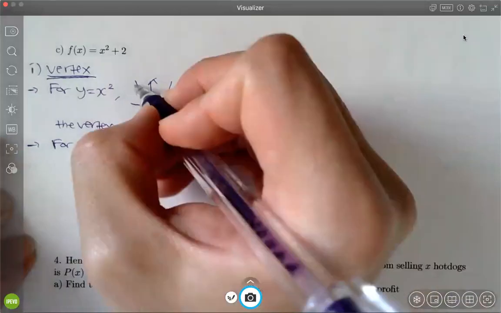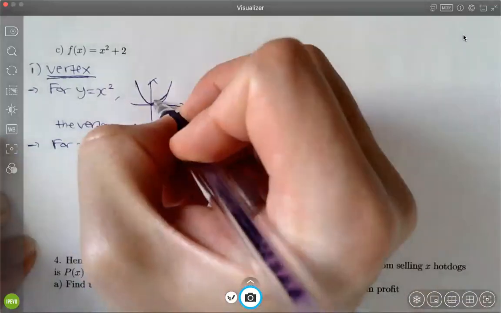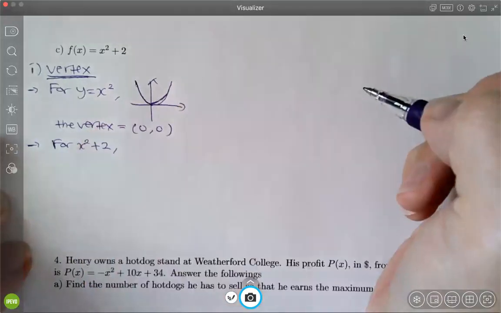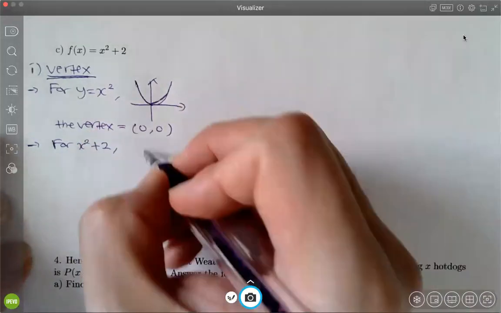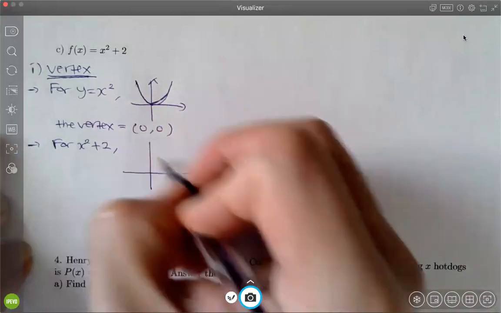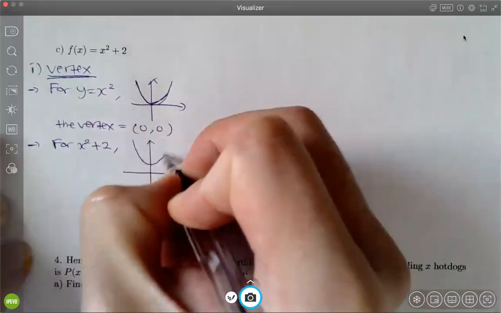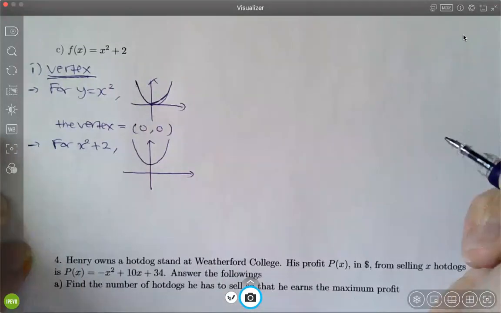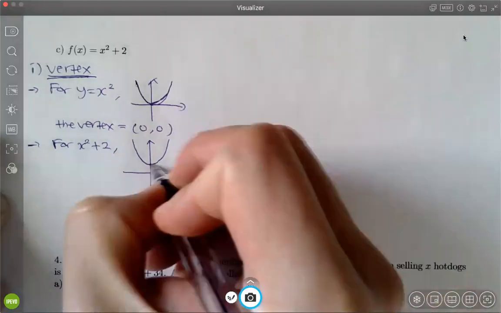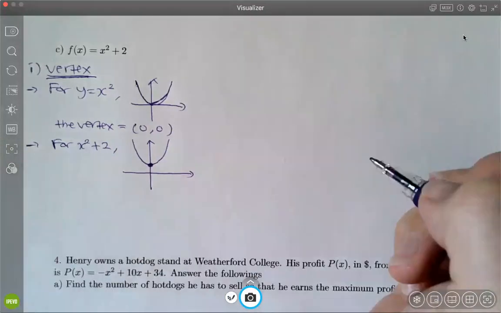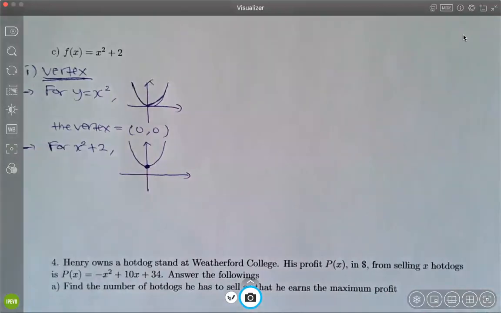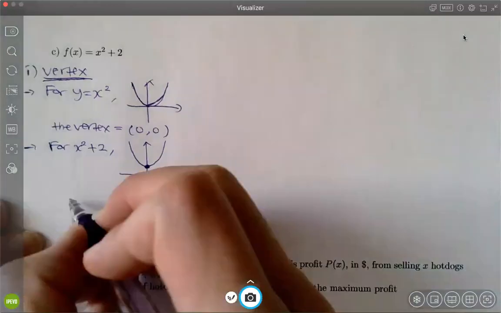So this graph from x squared has to be moved to something like this, right? You see that? Okay, so where's the vertex? That's the vertex, right? So can you deduce the coordinates of the vertex? 0, 2, yes. The vertex is at 0, 2.